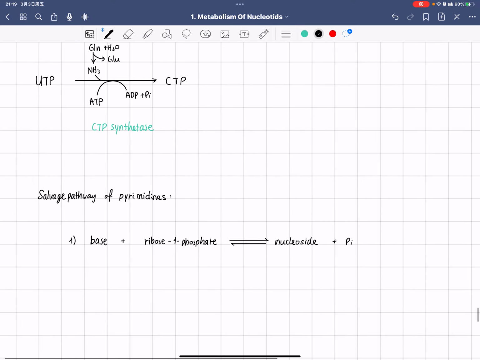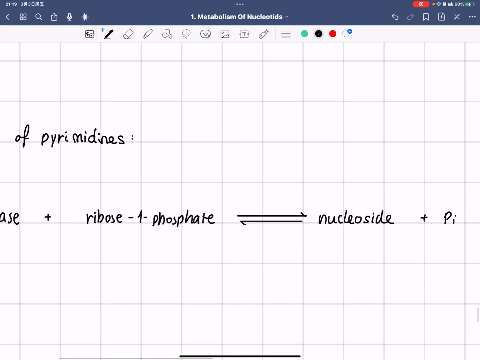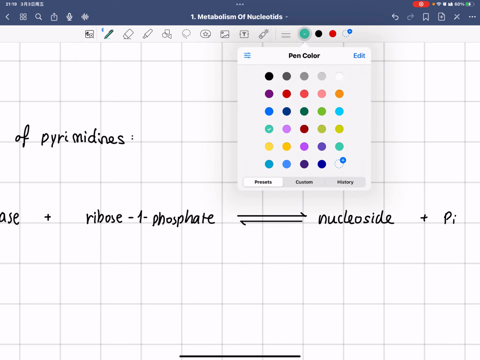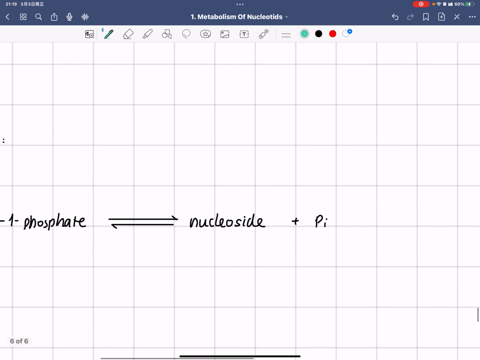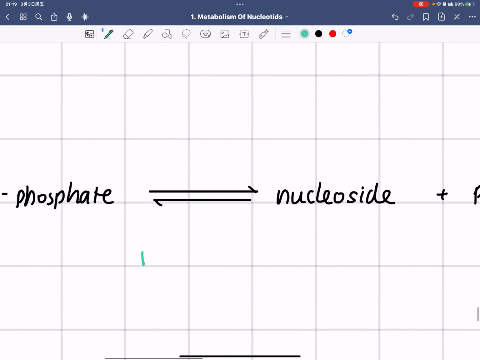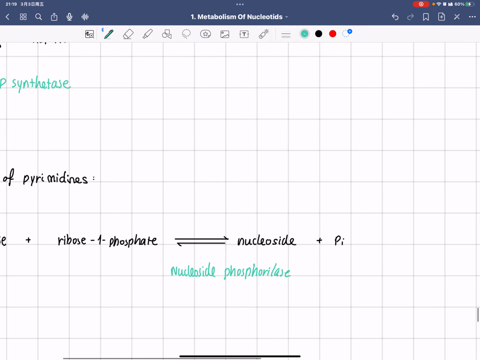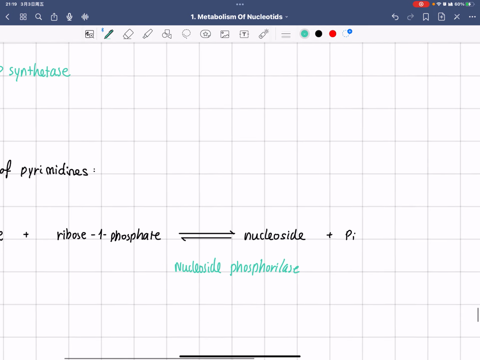Good. And what's the enzyme called? Nucleoside phosphorylase, because you're getting rid of that phosphate group.